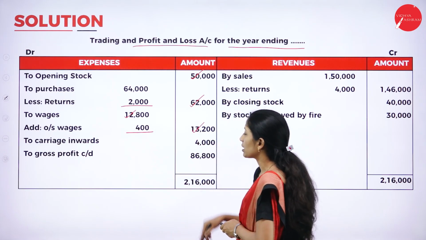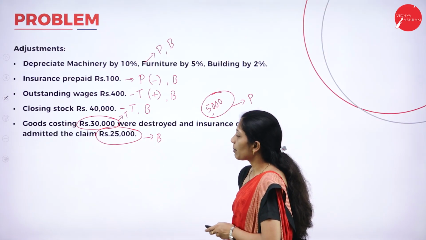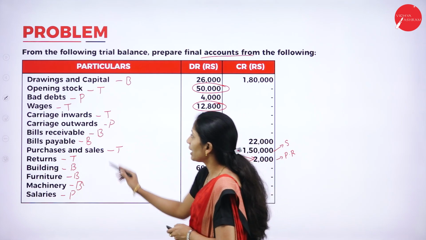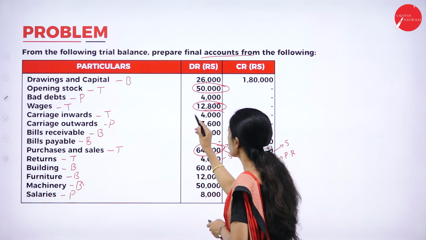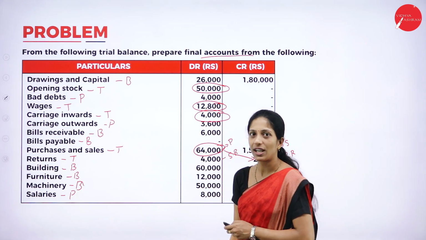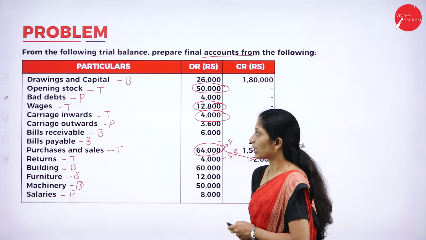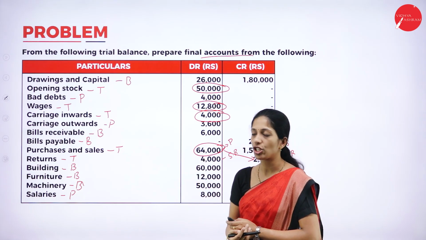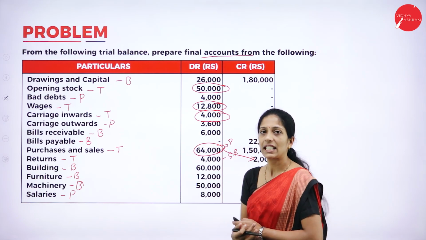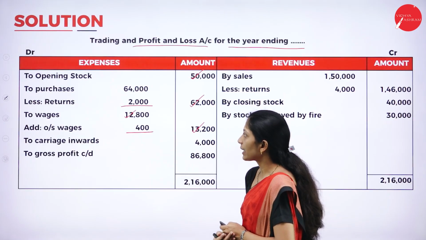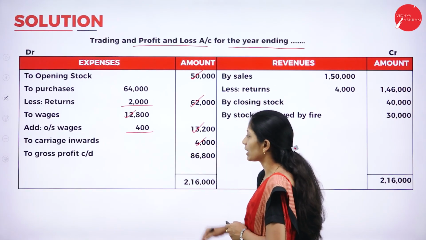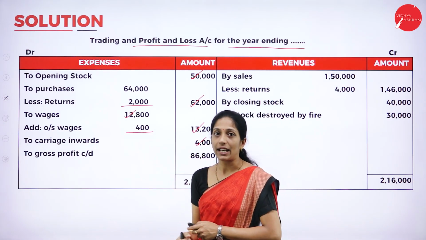So in the outer column, 13,200. Now coming to the next one, carriage inward, 4,000. It is also a direct expense, but there is no adjustment on carriage inward, so write directly in the outer column: carriage inward 4,000. So we are done with all the direct expenses.